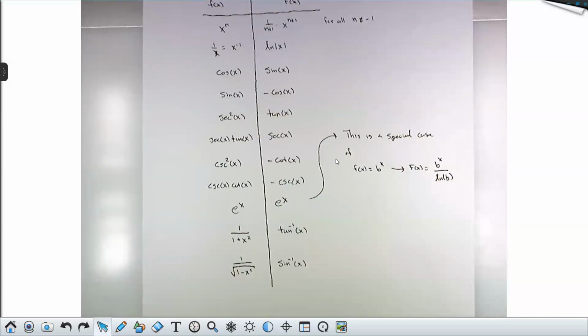This is a consequence of the regular differentiation formula. Again, the regular derivative of b to the x for any base b other than e is b to the x times the natural log of b.